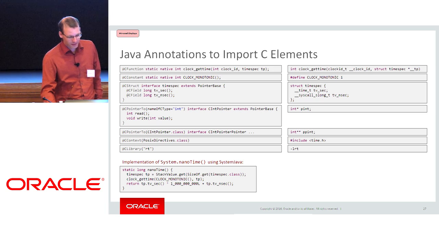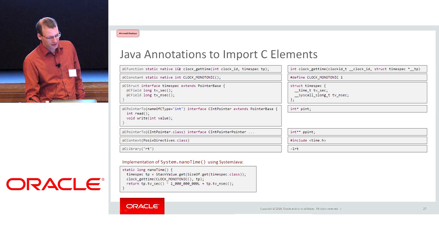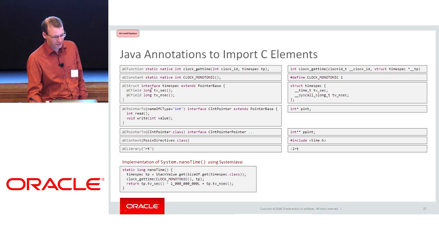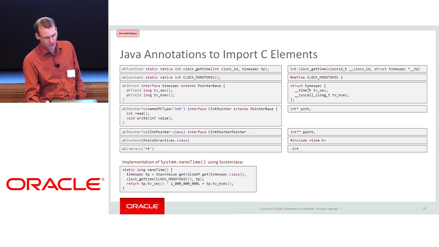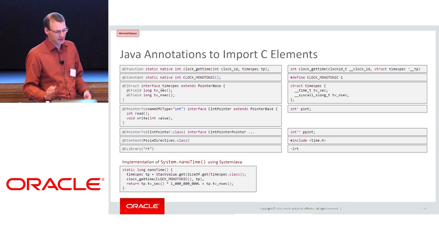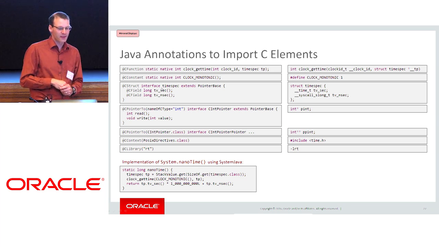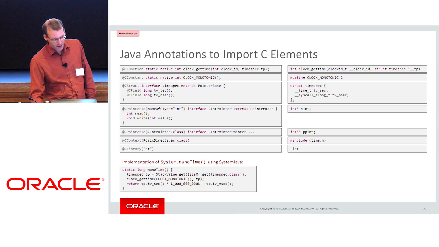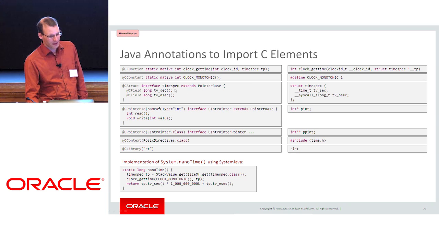So for example, if you want to import the time spec C structure, which is used by time functions, you have this C code for the structure with two structure fields for seconds and nanoseconds. And you import these structures and fields to the Java side using a words type interface with two accessor methods.